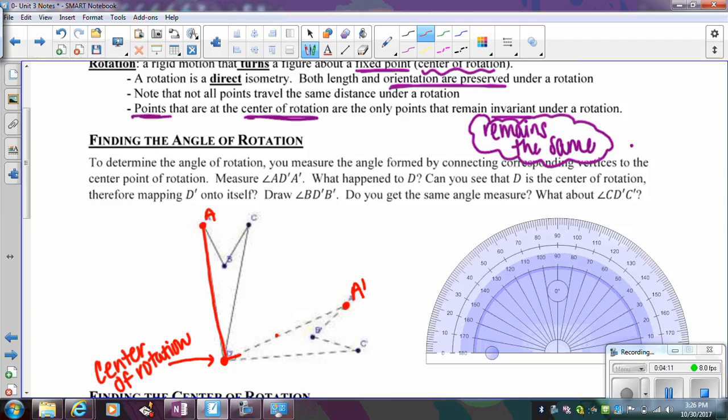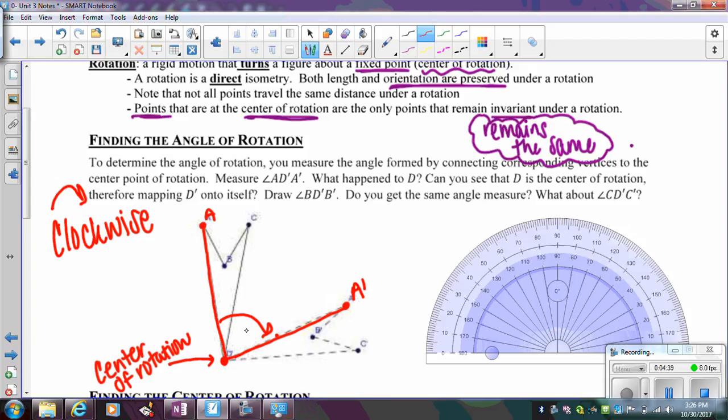The angle that's formed right here is considered the angle of rotation. We're going from A to A prime, which means we're going in a clockwise direction. I'm just going to write that. Remember, clockwise goes the direction of the clock versus counterclockwise is going the opposite direction. So this is going clockwise, the direction of the clock.